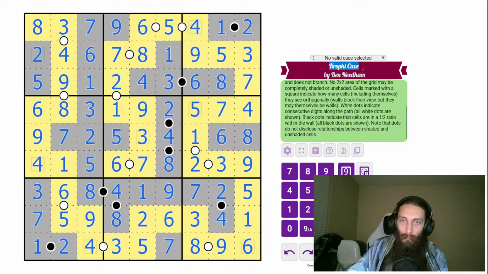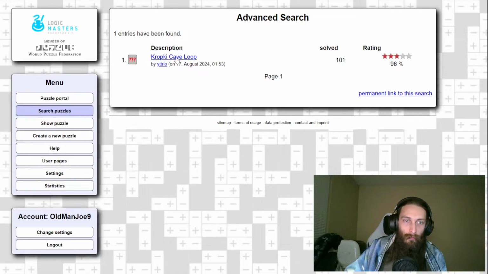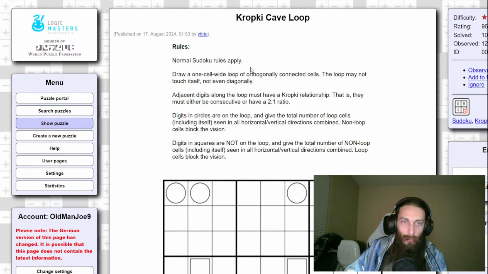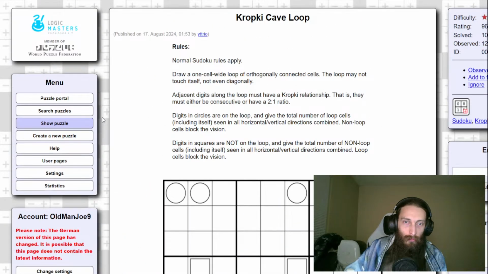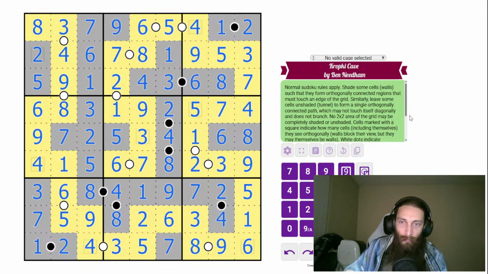And grab this from Logic Masters Germany if possible. I don't think it was Crafty Cave Loop, so that doesn't seem like the right puzzle. Yeah, it was a very interesting puzzle. I liked that one.